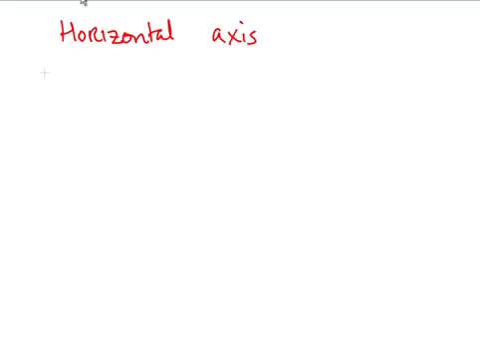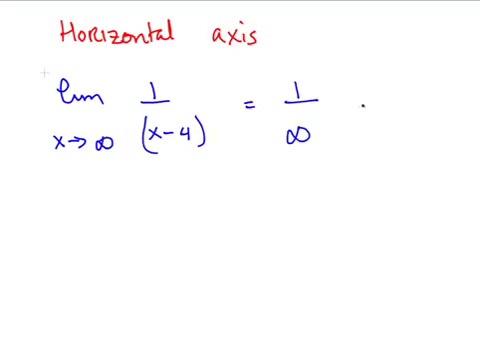The limit as x approaches infinity of 1 over x minus 4. Okay, so that is simply 1 over infinity.